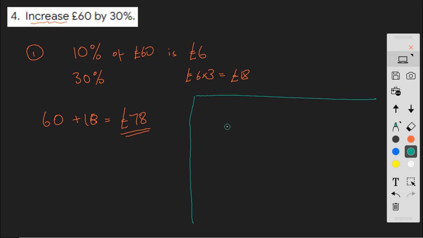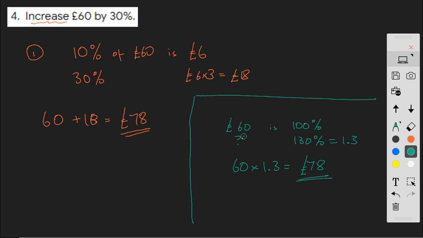So if we started, we would be saying that £60 represented 100%, and we want 130%. 130% as a decimal is 1.3, so our answer is 60 times 1.3, 6, 13, 60, again 78.